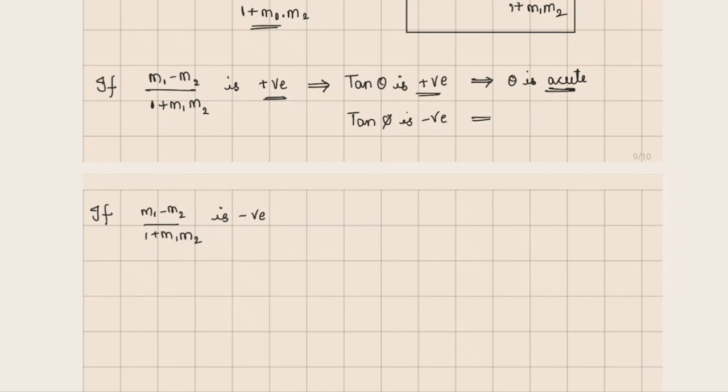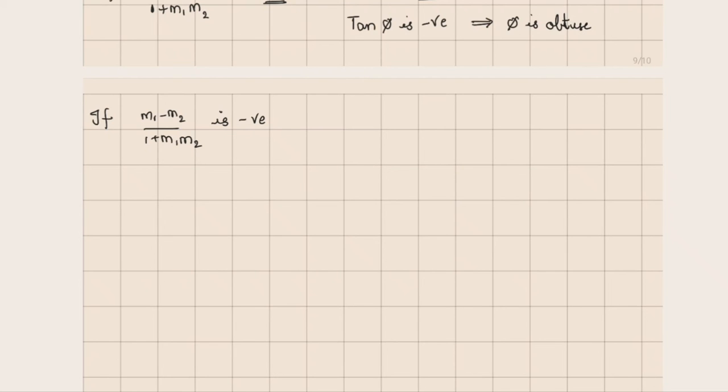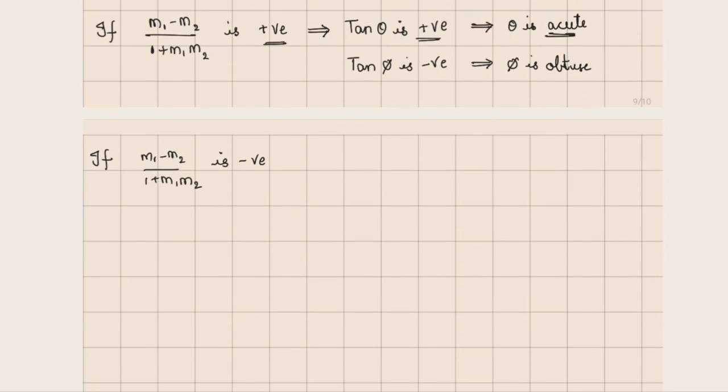If theta is acute, phi is obtuse. Similarly, if m1 minus m2 by 1 plus m1 into m2 is negative, that implies tan theta is negative, which means tan phi is positive.